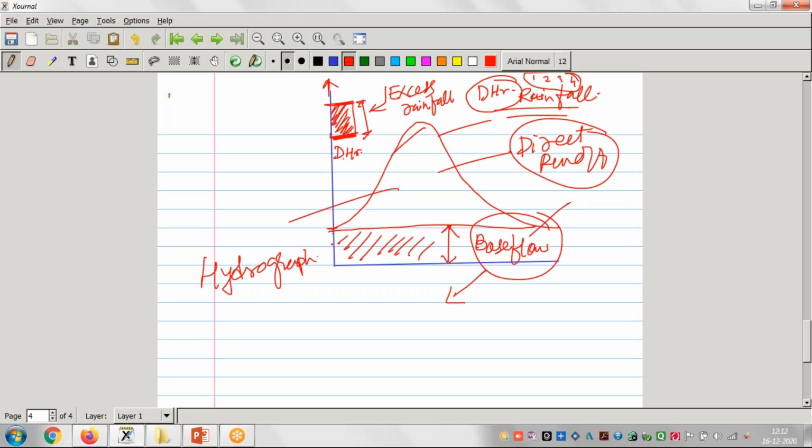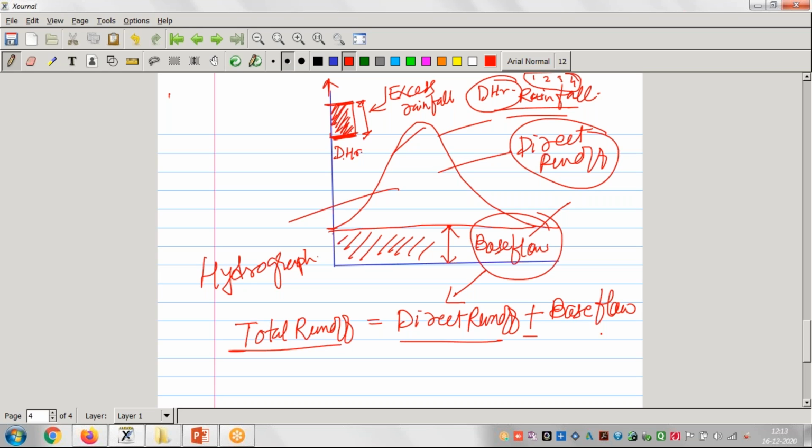So if I say that the total runoff is equal to direct runoff plus base flow, right? So what is this total runoff? Direct runoff plus base flow.